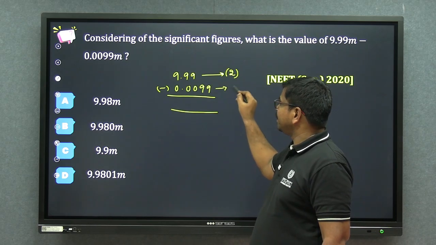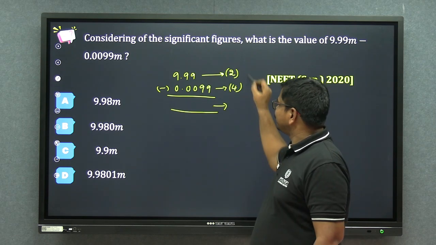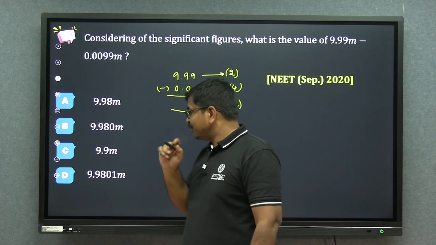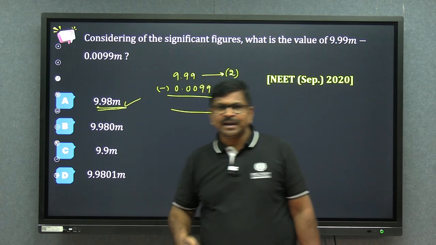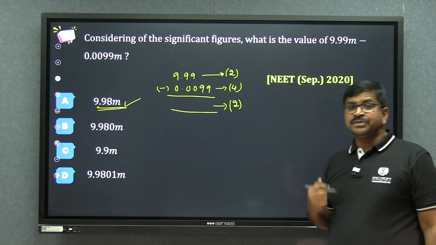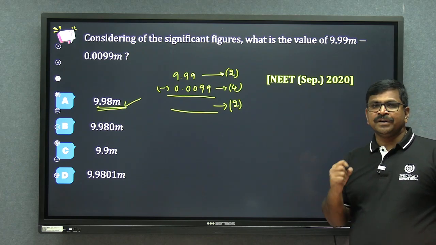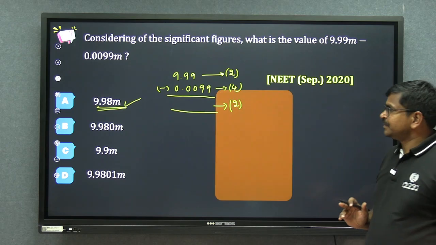How many decimals are here? 4 decimals. So the answer should have how many decimals? The least of these, 2 decimals. How many options do we have with 2 decimals? Only one option, and that is our answer. There is no need to calculate this. All your competitive exams are going to check your smart thinking, your application skill, whether you are applying that rule or not.